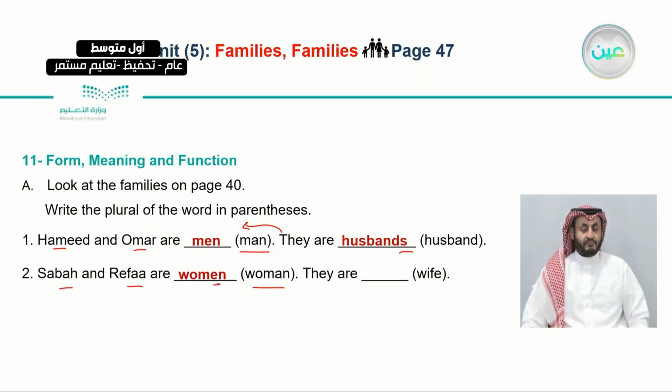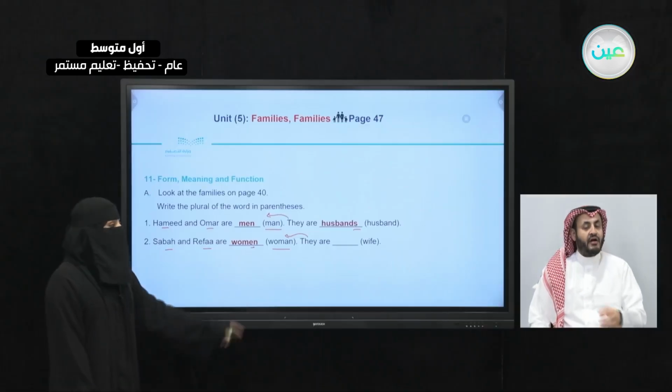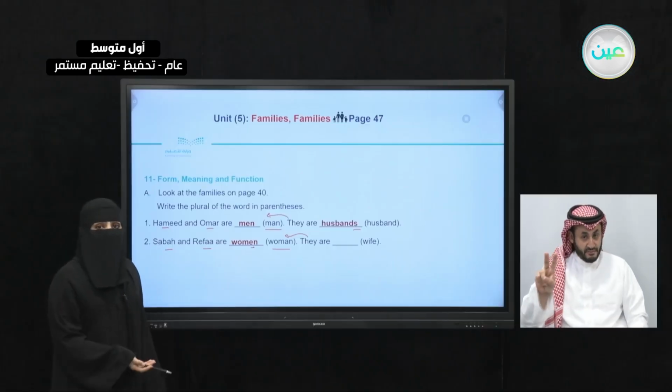Did you see the change right here? Women refers to whom? To Sabah and Rifa, two of them. They are wife. They are talking about the two ladies, the women.